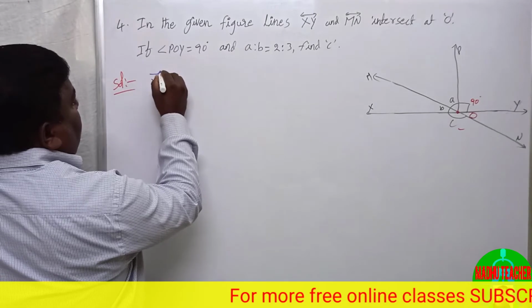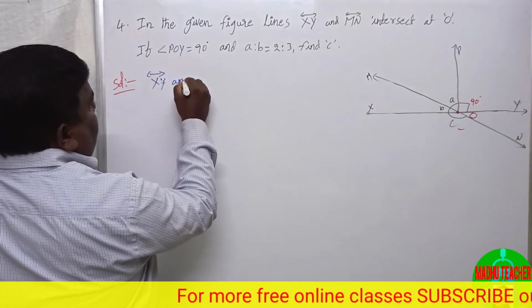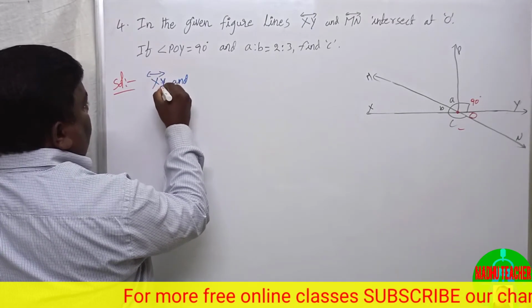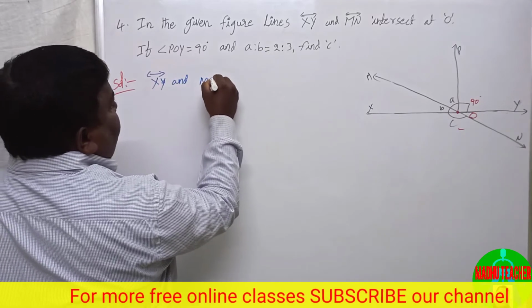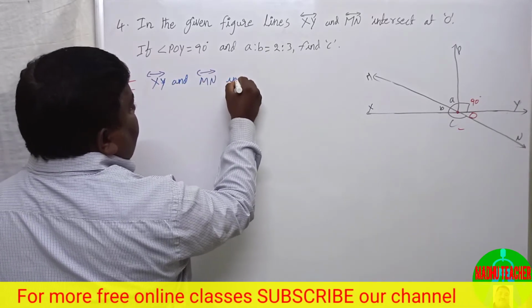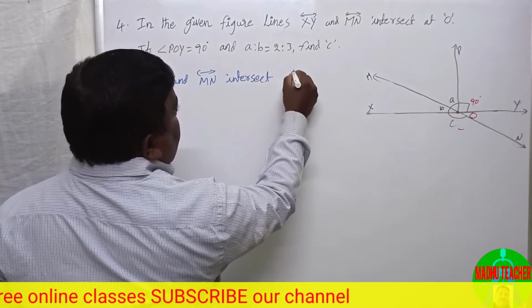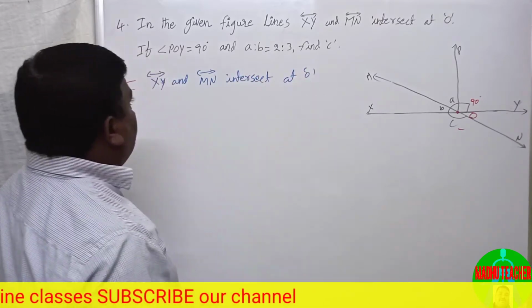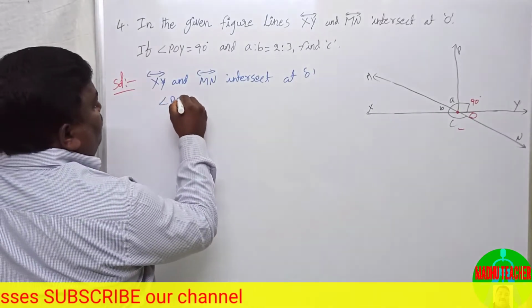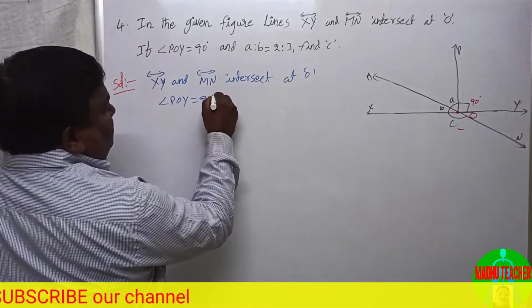XY and MN intersect at O, and angle POY equals 90 degrees.